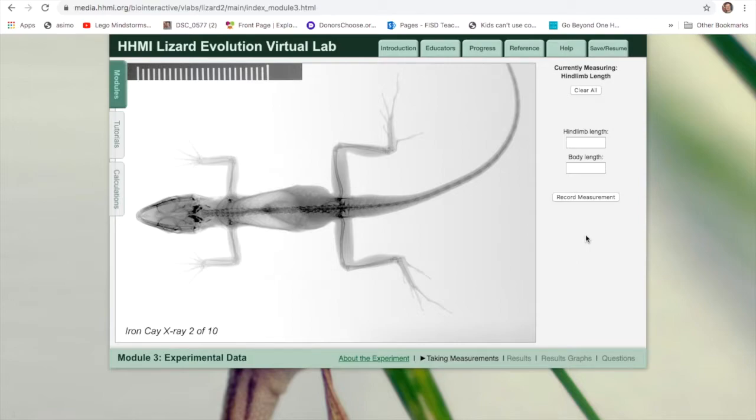We're going to do this with the lizards on the bigger island where there are still trees, the big trees where these ground trunk anoles don't need to have the shorter legs to grip the branches. So I want you to go through all of these, make your measurements, then go results, graphs.